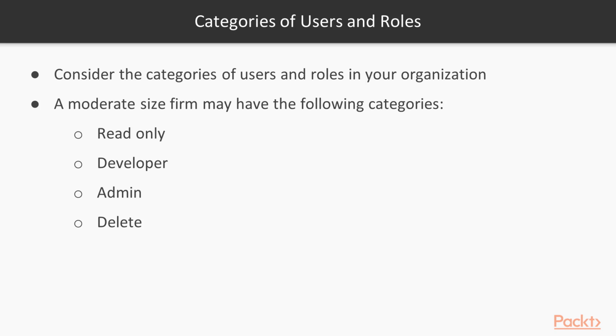In that firm, it may only have 4 categories: a read-only for monitoring and system verification, a developer for creating, building, and testing applications, an admin role for creating and maintaining infrastructure, and a delete role simply to tear down persistent resources or sensitive resources as necessary. Again, I would recommend that you keep your delete role separate from your admin role to avoid mistakes by an admin user deleting key resources.